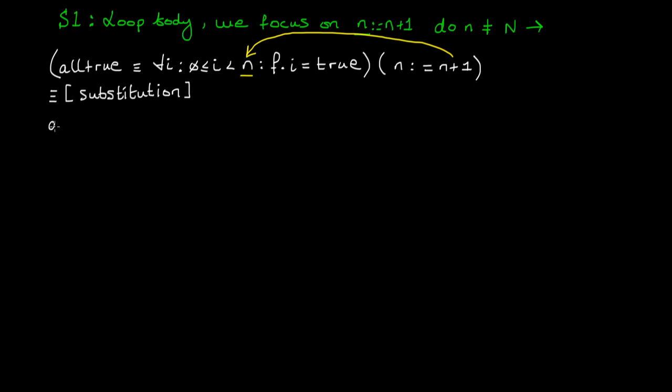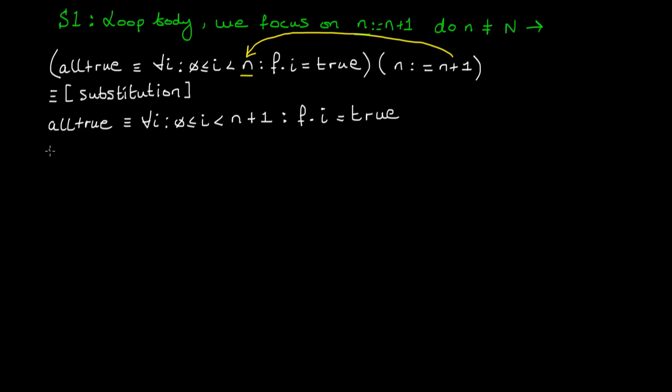We'll have all true for all I, and then it will be I less than n plus 1, f.I equal to true.